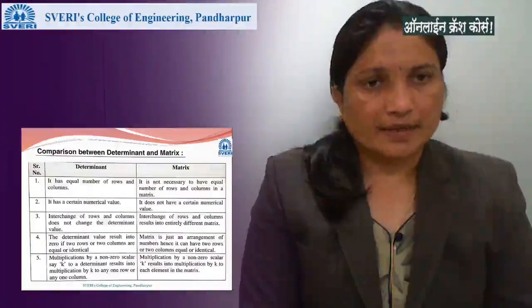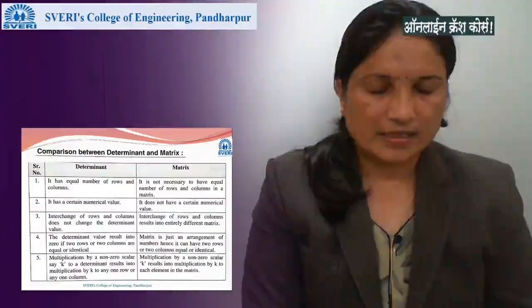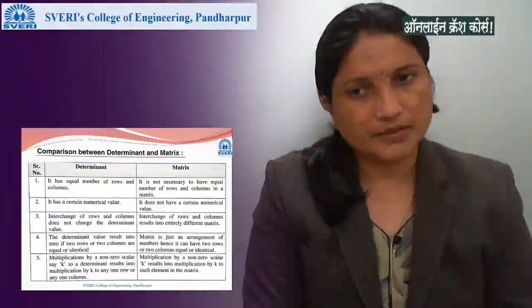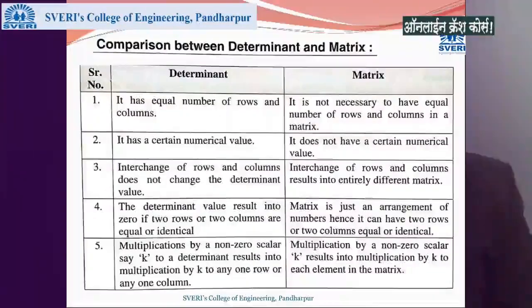Now, what is the matrix and what is the determinant? We can compare matrix and determinant using these points. First, a determinant has an equal number of rows and columns, whereas in a matrix it is not necessary.